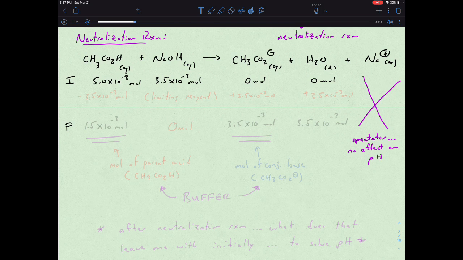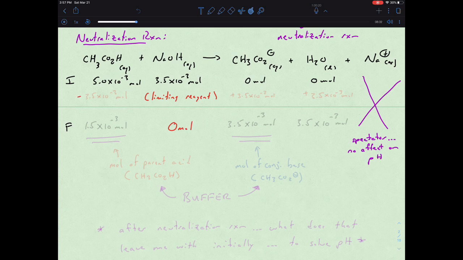This is a one-way reaction, so that means we have a limiting reagent, and our limiting reagent is the sodium hydroxide. These are reacting on a one-to-one basis, and sodium hydroxide has the least amount of moles, so it will run out first and go to 0.